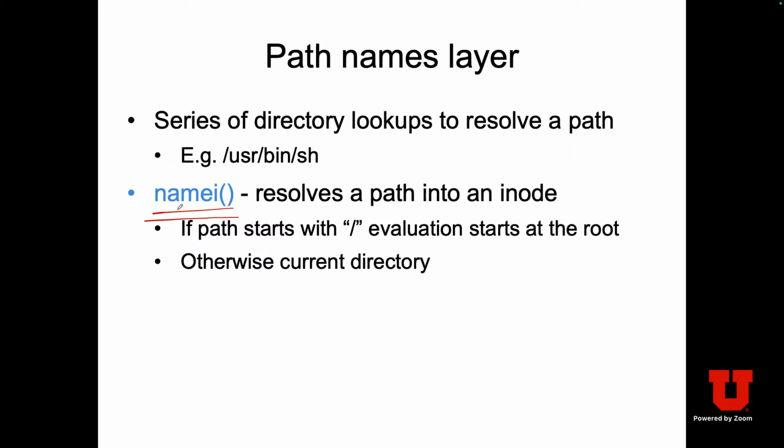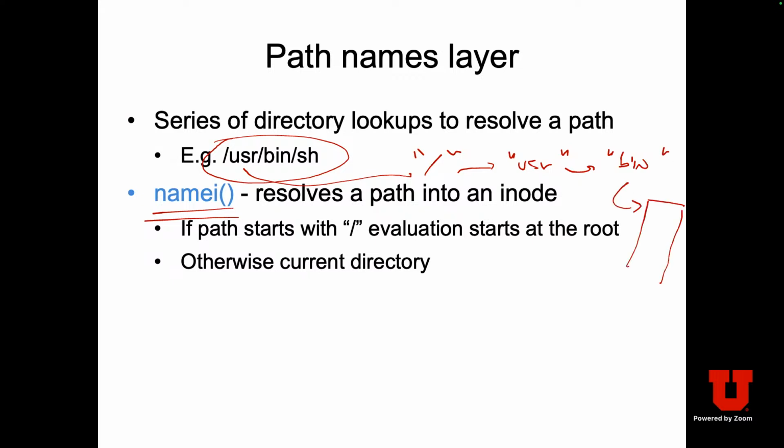So namei takes a recursive path like /user/bin/shell and resolves it. Essentially what it does is parse the string, split it into root, then inside the root it will find user, inside user it will find bin, and inside bin it will find a pointer to an inode which represents the shell, right?